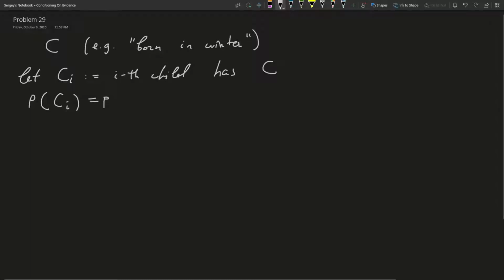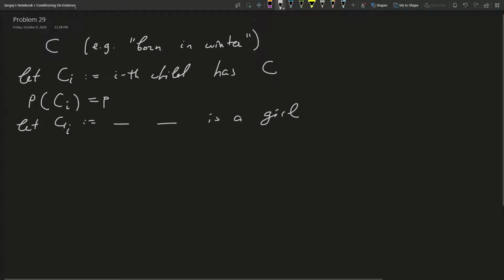So given that one of the children has this characteristic tells us nothing about whether the other child has this characteristic, and also knowing the gender of a child tells us nothing about whether that child has this characteristic or not. We're also going to let Gi be the event that the ith child is a girl.